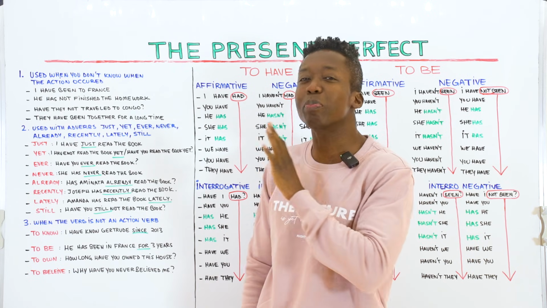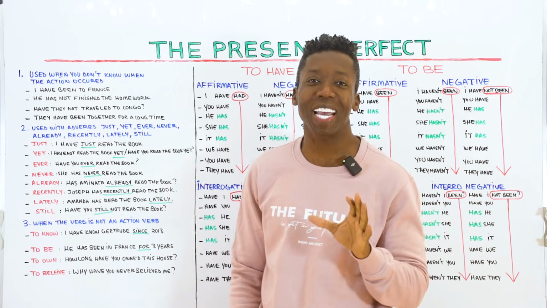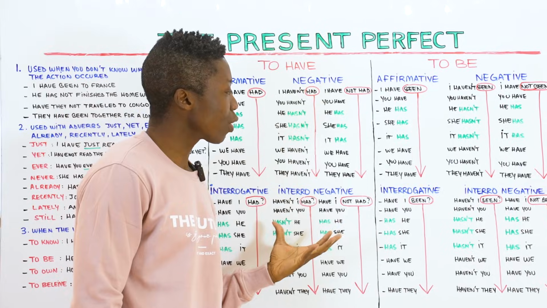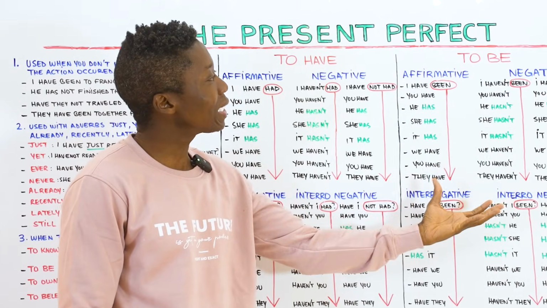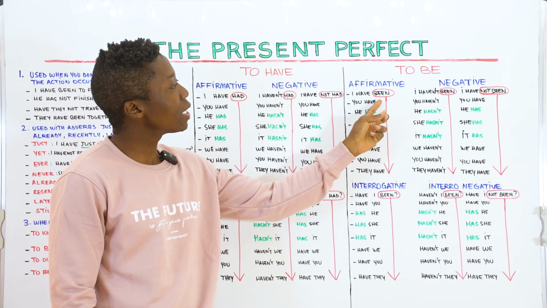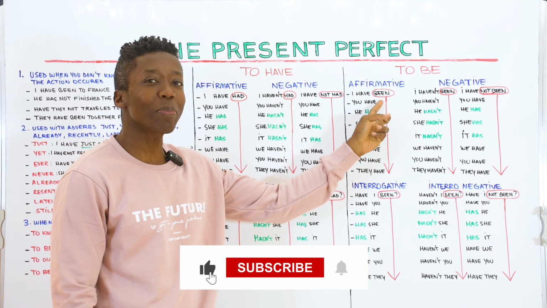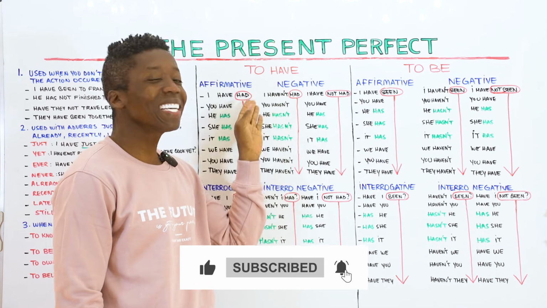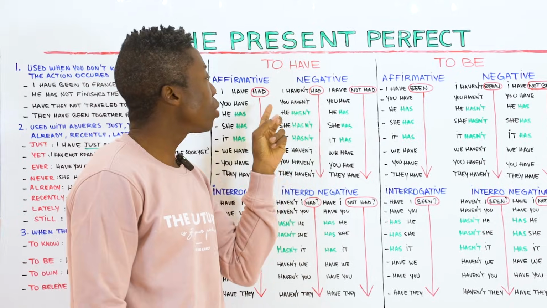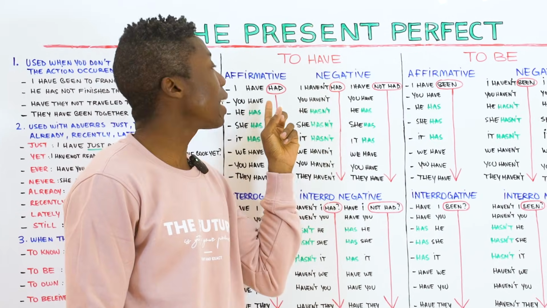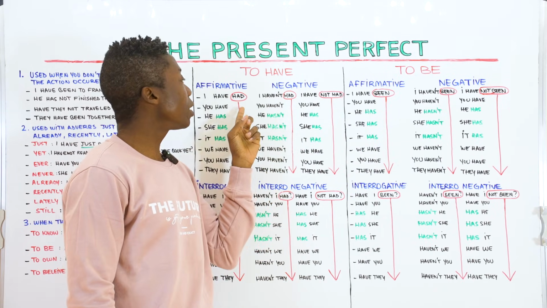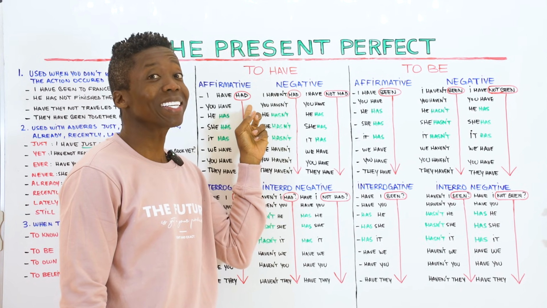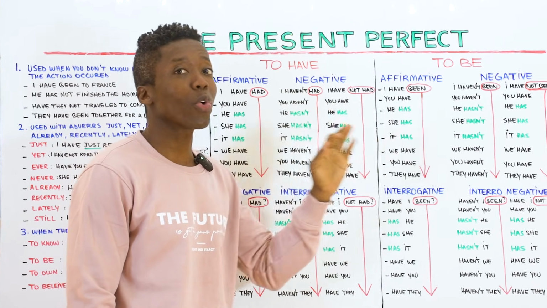All right, the present perfect tense is not a difficult tense. Just look at the structure and you will see that it is the same exact thing here. The difference here is that you clearly see that this is the past participle. This is not so clear, but you need to understand. For example, in the case of the verb to read, you need to understand so that you don't read this as read, but read.